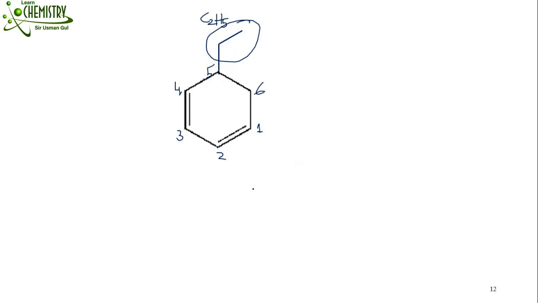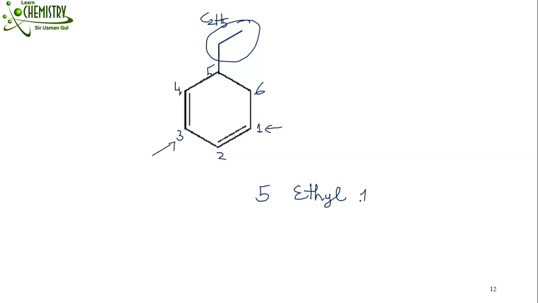Now what will be the name of this compound? The name of this compound will be 5-ethyl, and after that I will write the location of the carbon carbon double bonds. Look, they are located at carbon number 1 and carbon number 3.